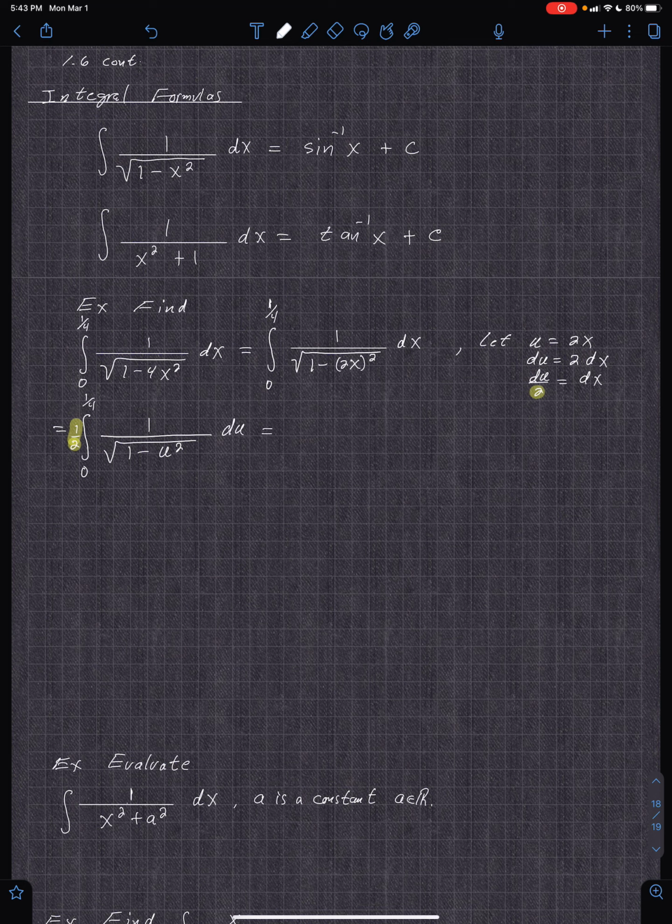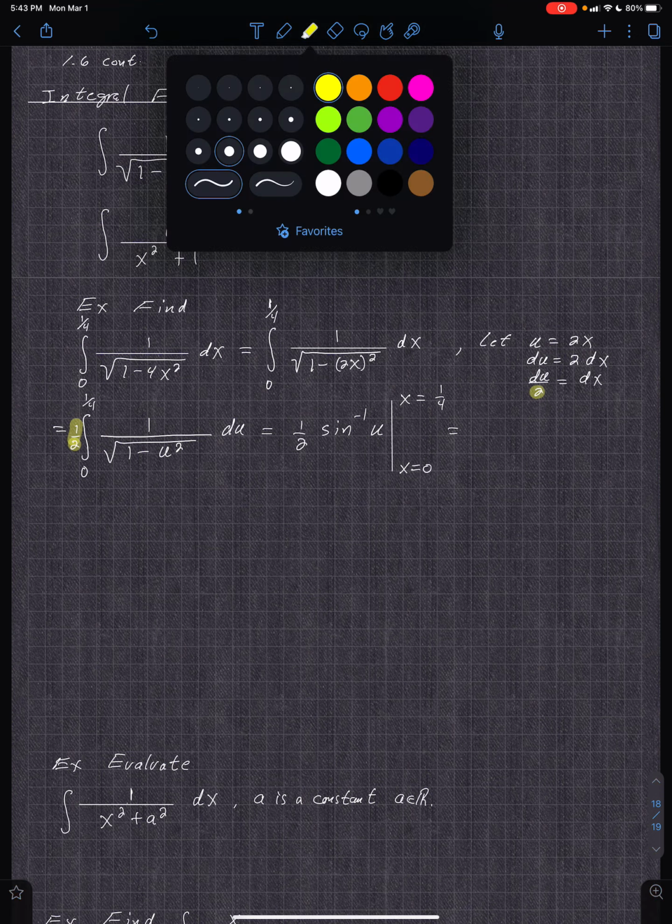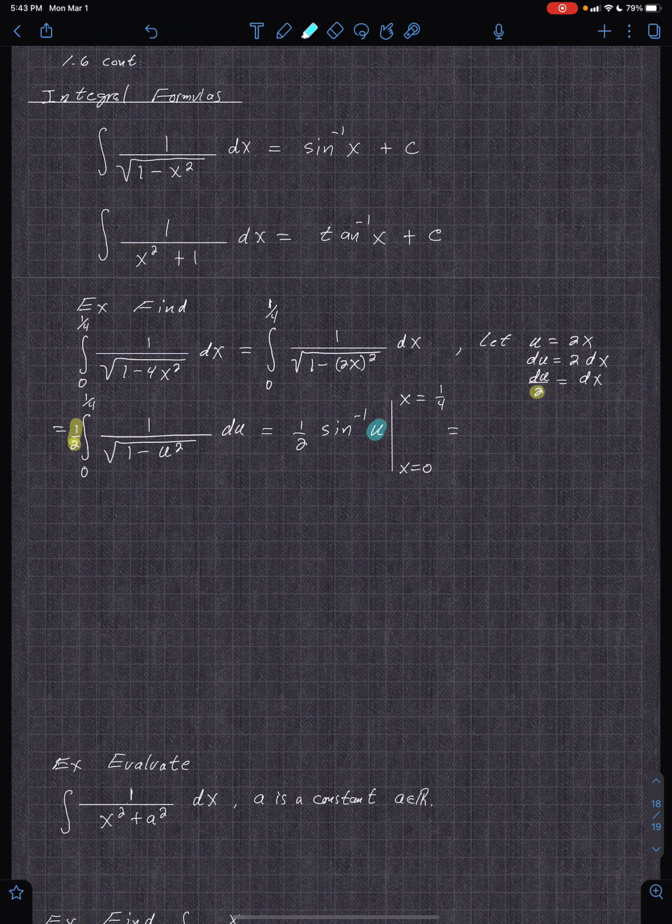Now we apply our integral formula, and that's going to be a half sine inverse of u evaluated from x equals 0 to x equals 1/4. Then let's substitute back for our u, so we have all the same variables.